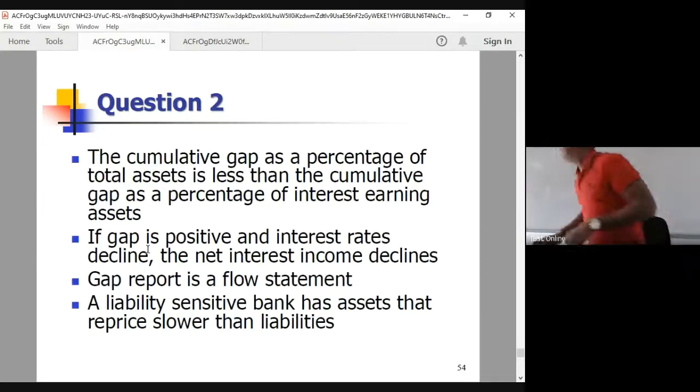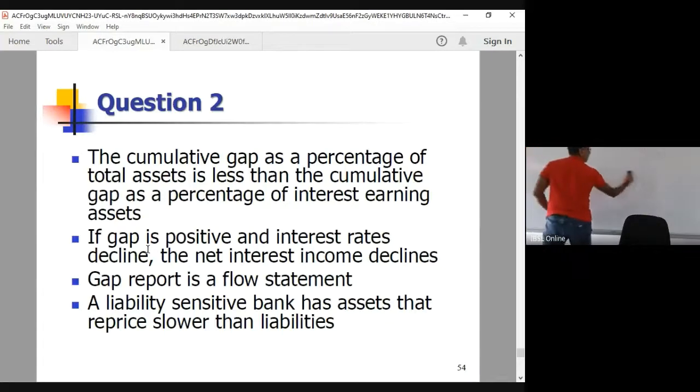So, for example, okay, so we'll put it on paper, easy to understand. Total assets, we say is 100. Interest earning assets could be say 70.